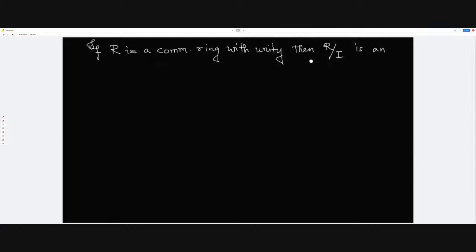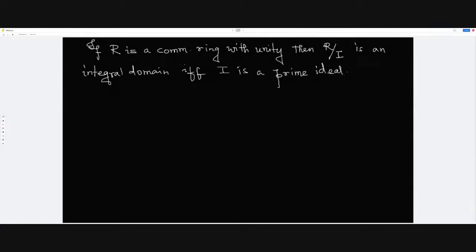The first thing is that if R is a commutative ring with unity, then R mod I, the quotient ring, is an integral domain if and only if I is a prime ideal.